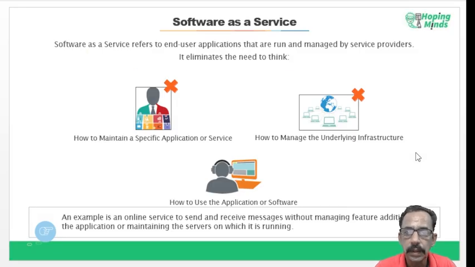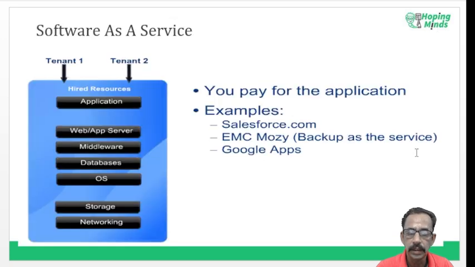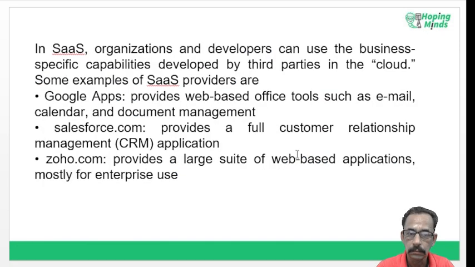The third one is software as a service. Directly, I want to show you software as a service. You are using your Gmail. You are using so many Google apps. You are using document management. Everything is ready.